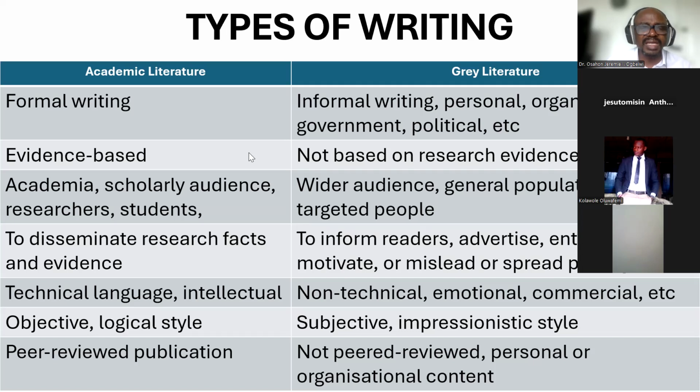So an academic literature can be trusted that, if it is well written, it lacks bias. And then the style is also logical, which means step by step. That is why it is a structured report, highly structured. So that is why it is a formal style of writing.